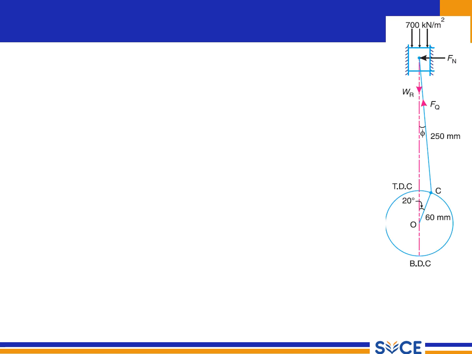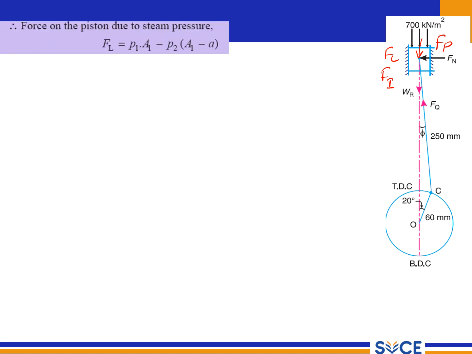Next we are going to calculate the load acting on the piston. We are going to see the net effective piston effort. For that we calculate FL first, then the inertia force, then we subtract it, so we will get FP. The force on the piston due to steam pressure is the pressure above and the pressure on the bottom side.